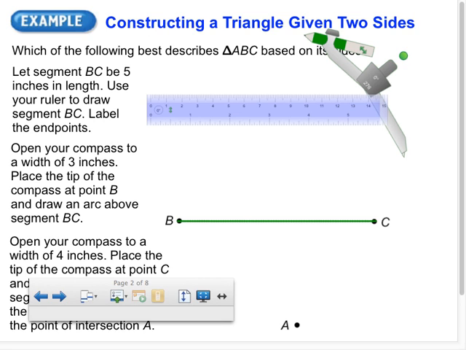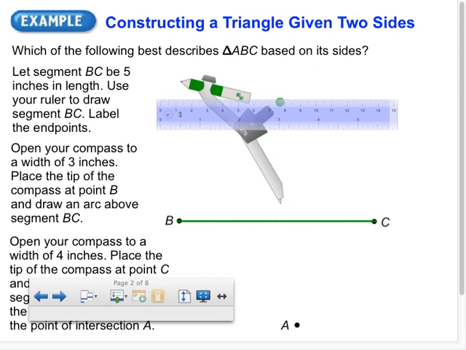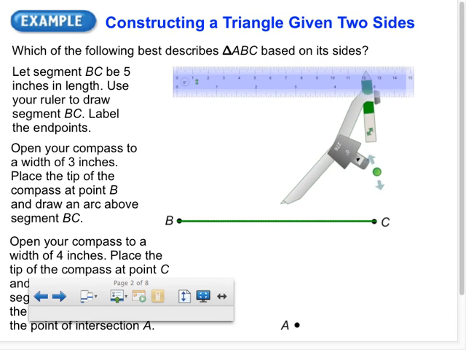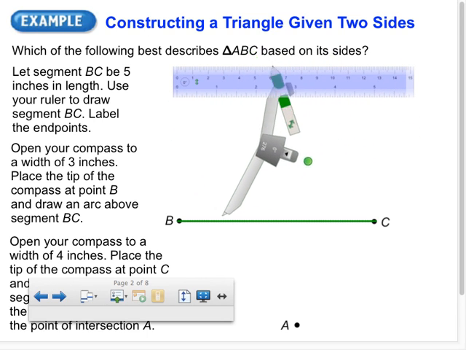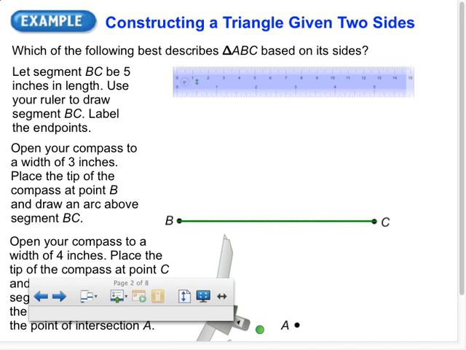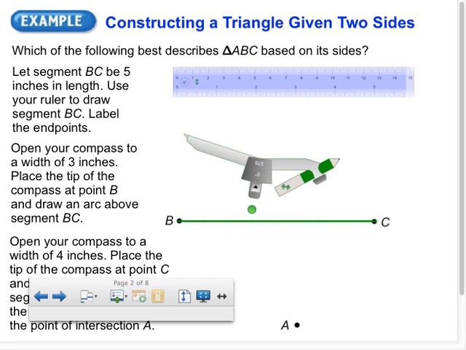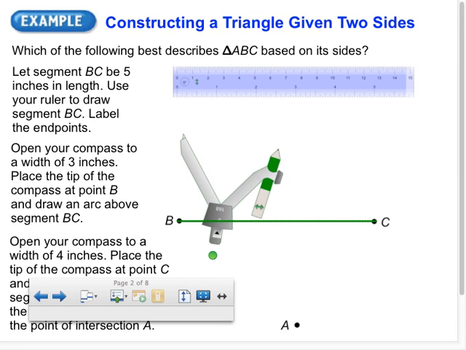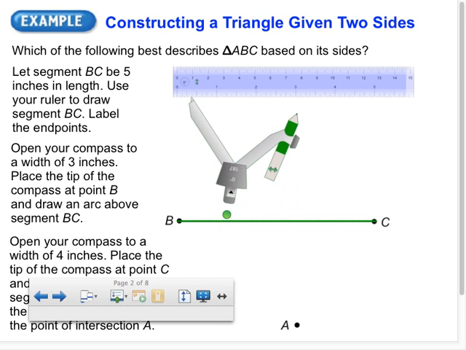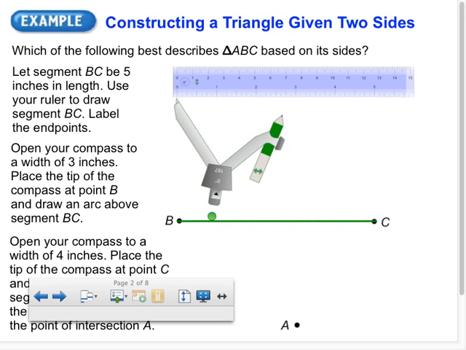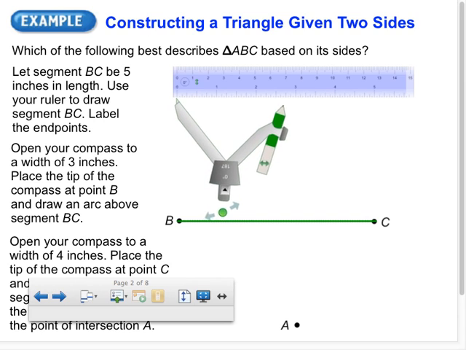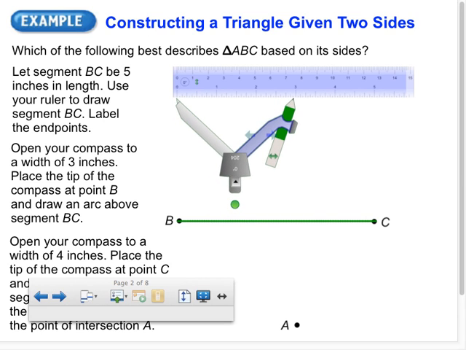So at point B, I need a stick. Okay, here we go. All right, so I'm opening my compass to about 3 inches. And if you notice, it's a little bit less, so I need to open a little bit more.